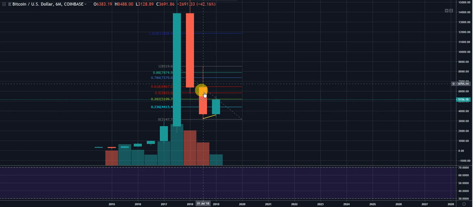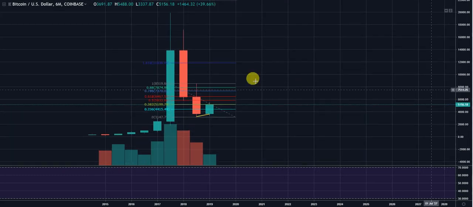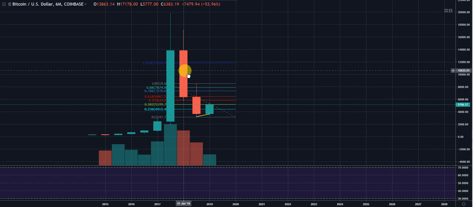Now if you look at this big red candle here, this is also a weak candle because we closed on the lows after a big down move, and it is generally a weak candle. You can see the previous candle is the same candle, and notice how we closed on the lows and we had that bit of a retracement and then we continued lower.